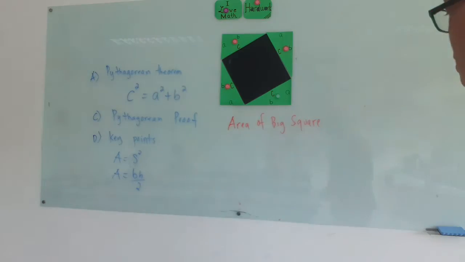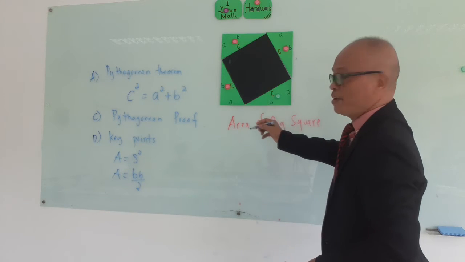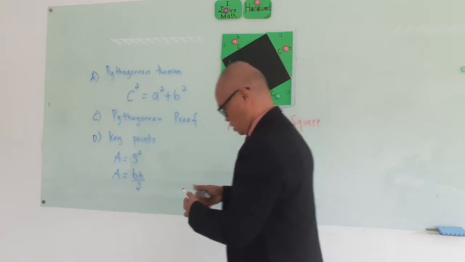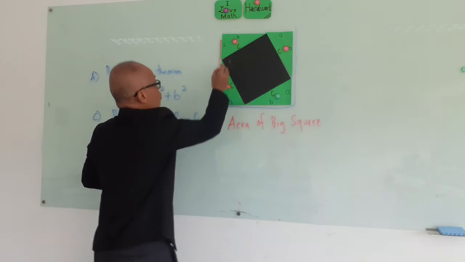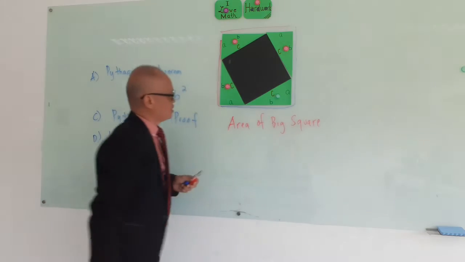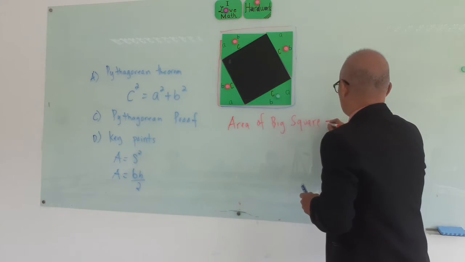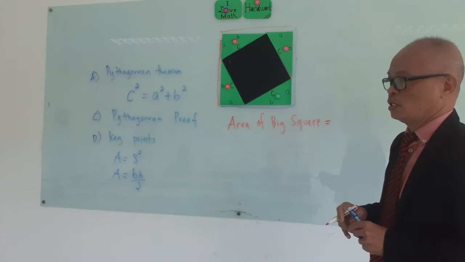Next, the area of the big square. That is what we are looking for.